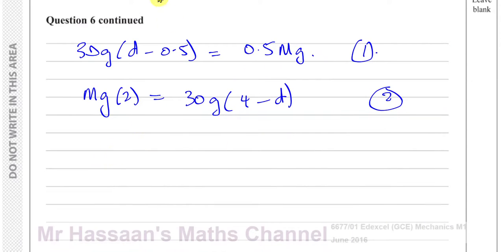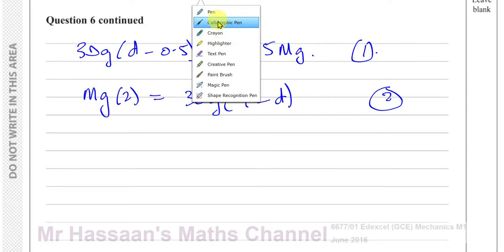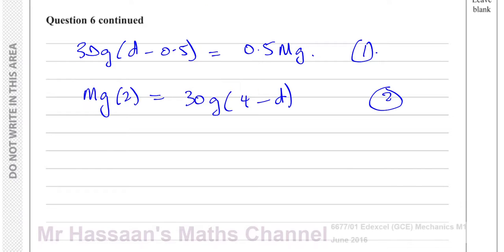When we solve these two equations simultaneously, we should be able to find the values we're looking for, M and D. Now let's simplify this a little bit. I'll write the first one as 0.5 mg equals 30 times g times d minus 15g.